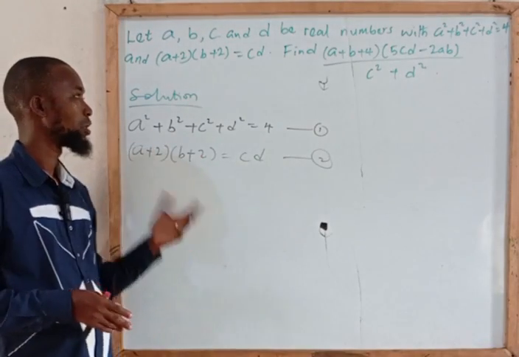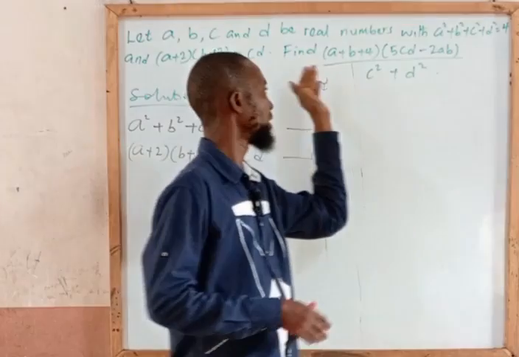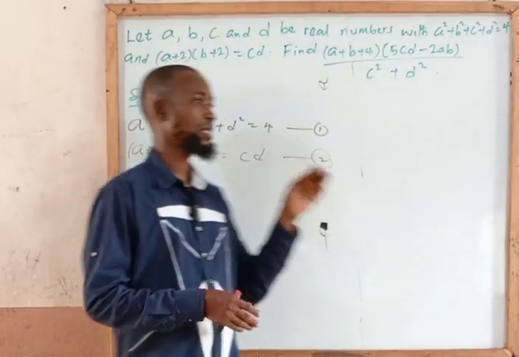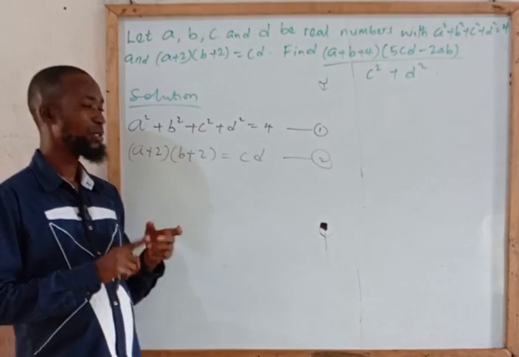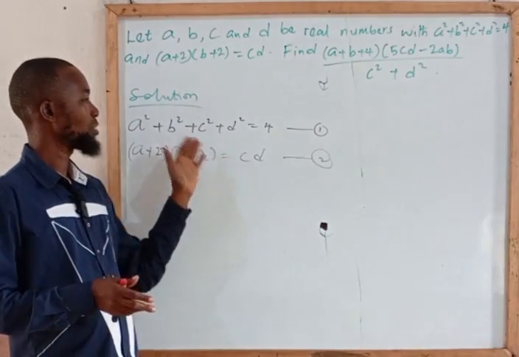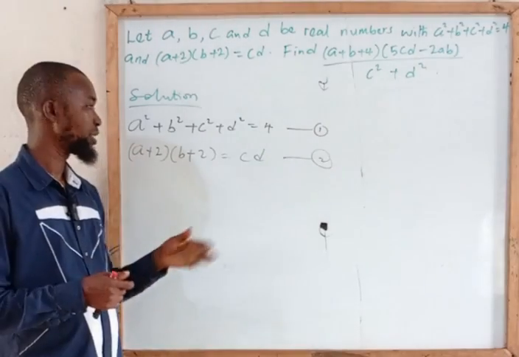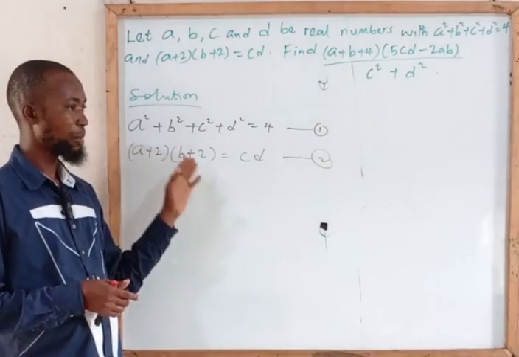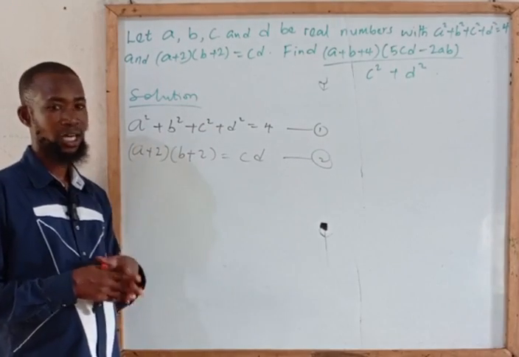But in this situation, the missing values that do not allow me to begin the solution with the required part happen to be 4 different unknowns, that is a, b, c, and d. So we are looking for 4 unknowns with just 2 equations, which means simultaneous equations are not the appropriate tool by which this given can be dealt with.